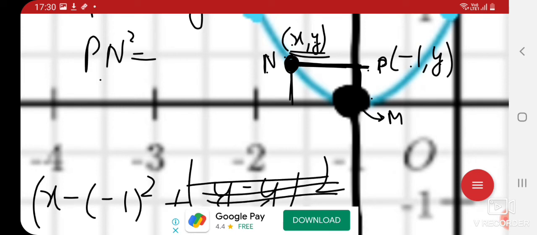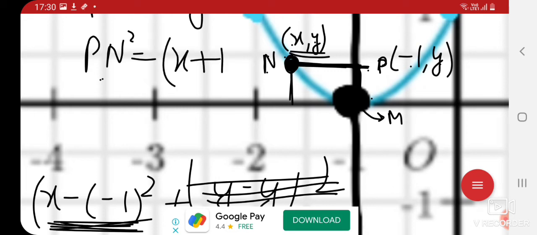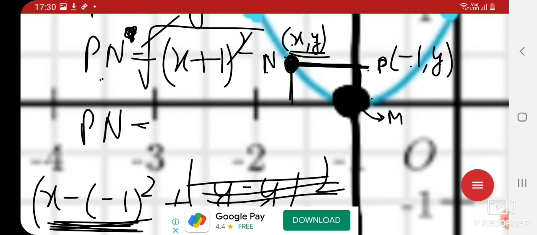This will just cancel out, because y minus y is 0, and 0 square is also 0. That means the answer you get for PN square is x plus 1 square. When this square goes under root, it will cancel out. That means this PN is equal to x plus 1.